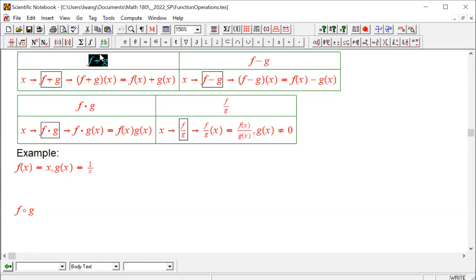So f plus g is going to be a new function, which is f of x plus g of x. That's going to be x plus 1 over x. It produces a new function, and you can make it more complicated if you wish.